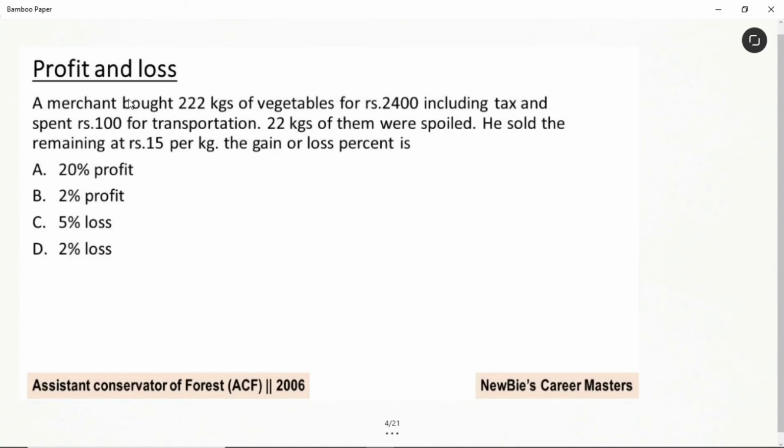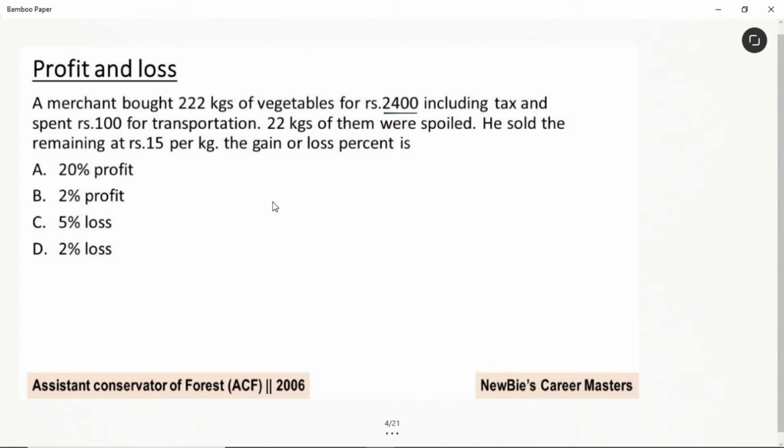Next question is from profit and loss. Question is, a merchant bought 222 kgs of vegetables for rupees 2,400 including tax and spent 100 rupees for the transportation. 22 kgs of them were spoiled. He sold the remaining at rupees 15 per kg. Then they're asking you to find the percentage gain or loss.